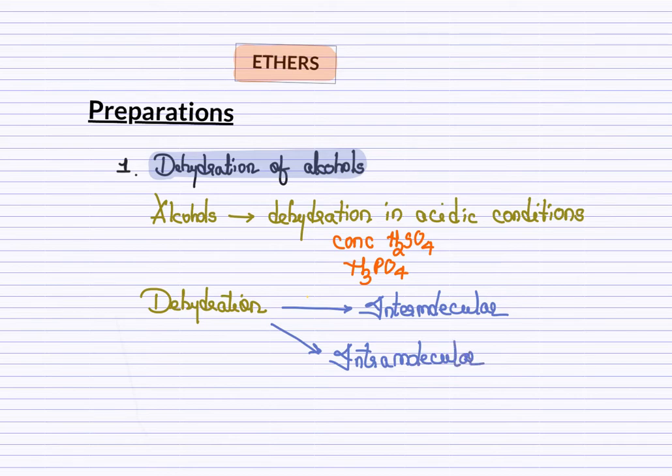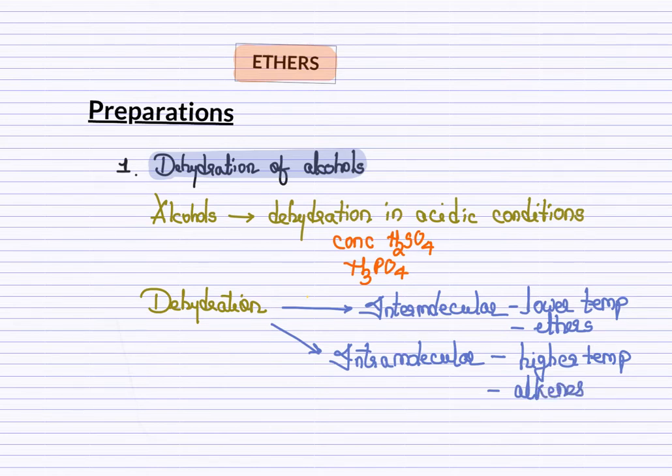Intermolecular dehydration occurs at lower temperature, and it produces ethers as your main products. Whereas intramolecular dehydration occurs at higher temperature, and it produces alkenes as your major product.